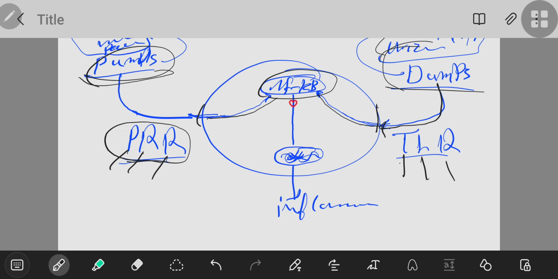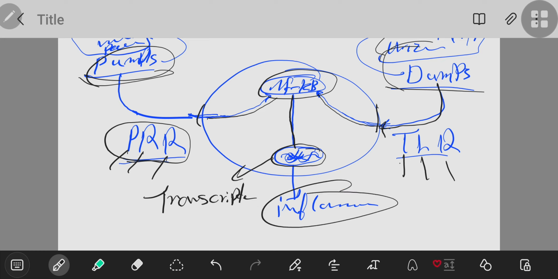So the NF-κB goes down to the gene, to the DNA, and does something called transcription of the DNA. After that, it leads to inflammation. This is the first step for the bombs and the dumps.